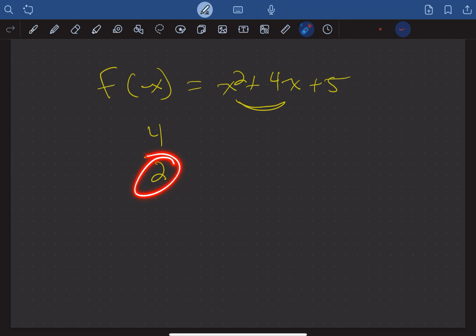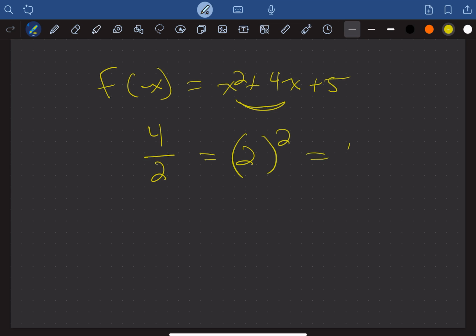No matter what number it is, you're always going to divide the coefficient of that x to the first power term by 2. And then you're going to take that value and square it. So then this becomes 4.